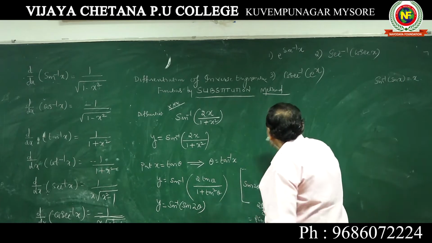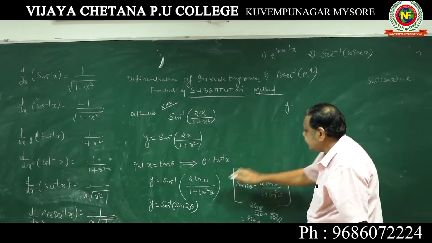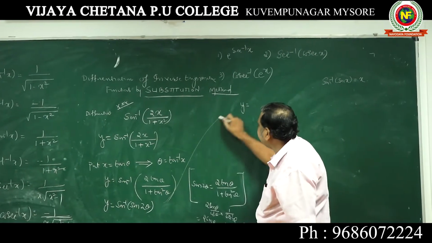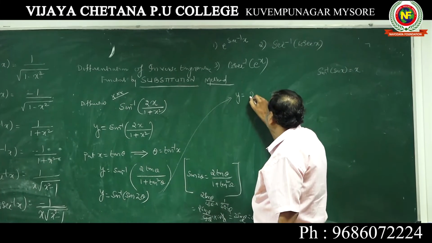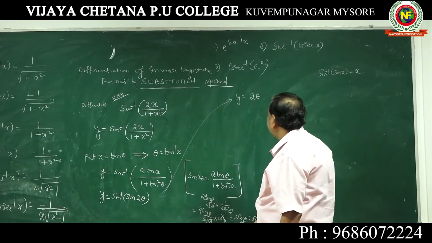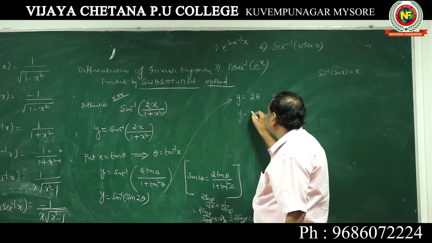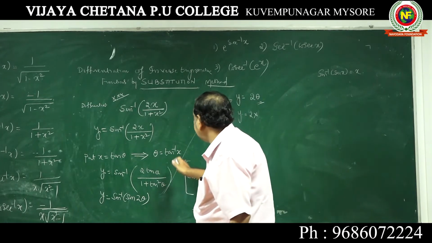So you should note, y is equal to sin inverse of sin 2 theta, which is nothing but 2 theta. Sin inverse of sin x is x; instead of x, 2 theta is there. y is equal to 2 into theta, and theta is nothing but tan inverse x.